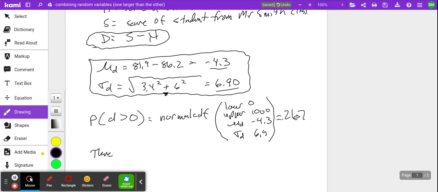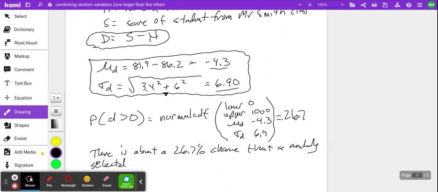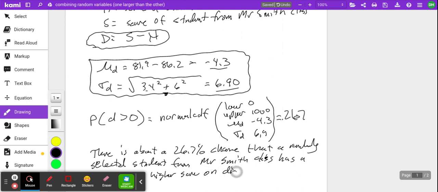You would say, there is about a 26.7% chance that a randomly selected student from Mr. Smith's class has a higher score on the district test than a randomly selected student from Mr. Hughes's class.